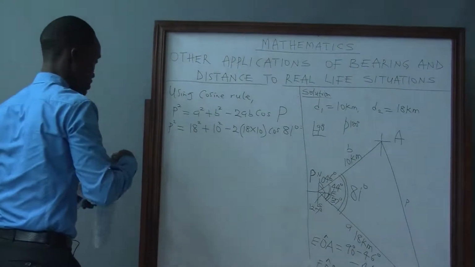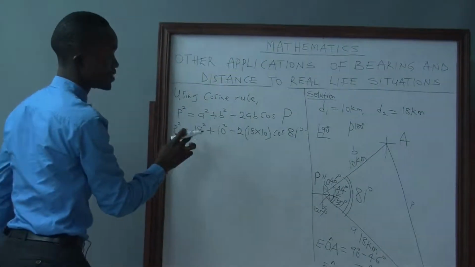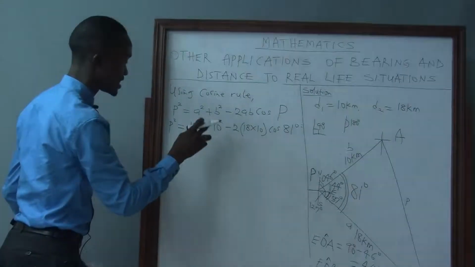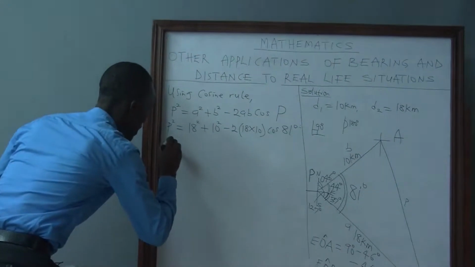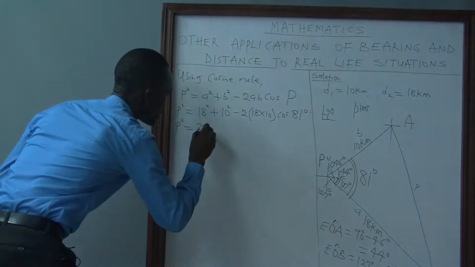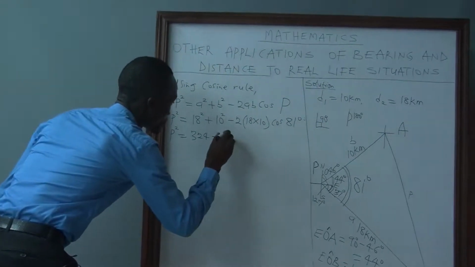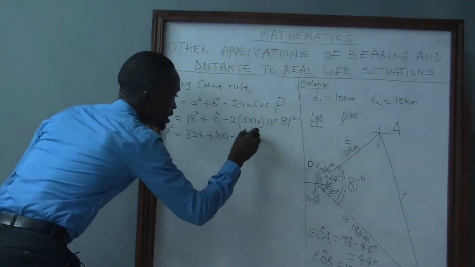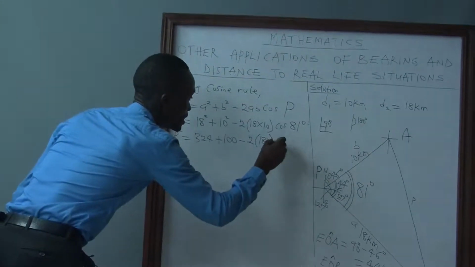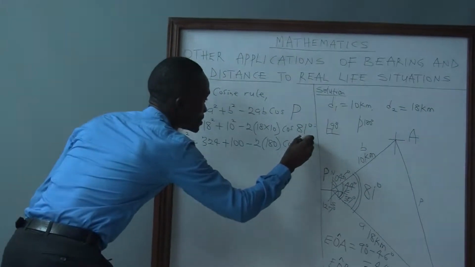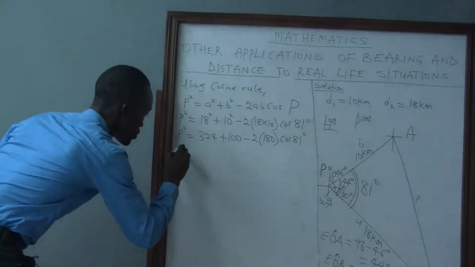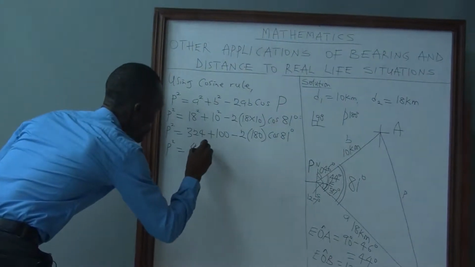Now the next thing is to use our calculator for the square of 18. 18 square is 18 multiplied by 18. So we have P square to be 324 plus 100 minus 2 into 180, then cos 81 degree. So P square from there will be 424.